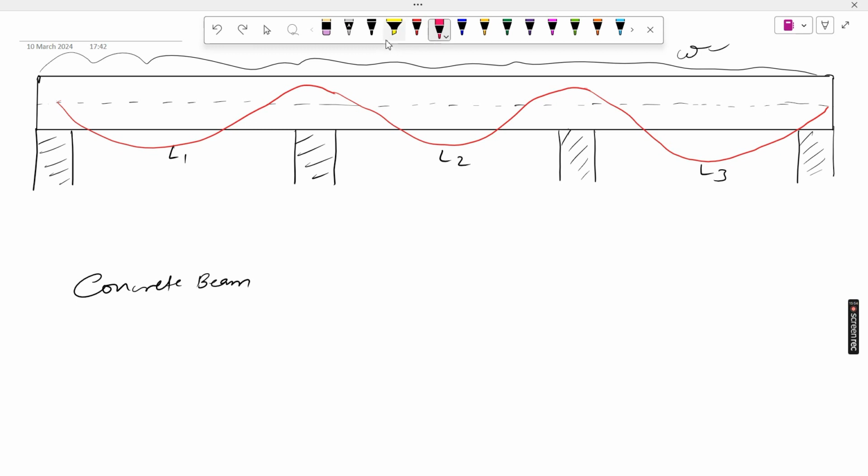So why do we have to give the reinforcement? Because the tension part is also there. The beam will deflect like this, as I have drawn here. This is the cross section.